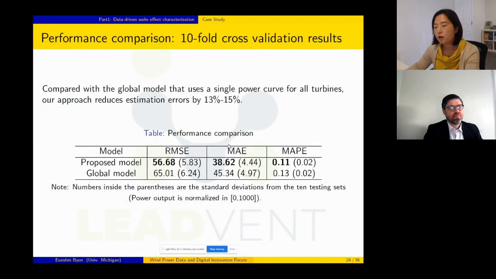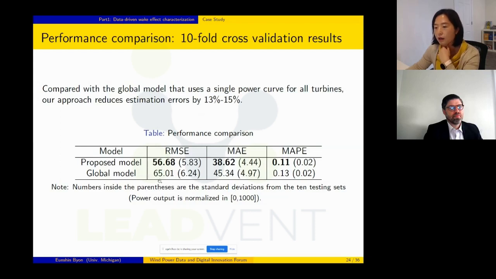And we compare the accuracy. We compare the estimated output with the global model, which doesn't consider these wake effects, but just estimates one single power curve for all turbines.